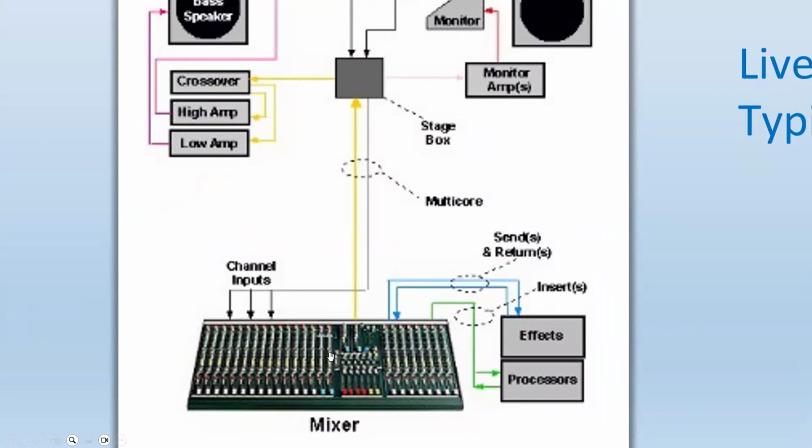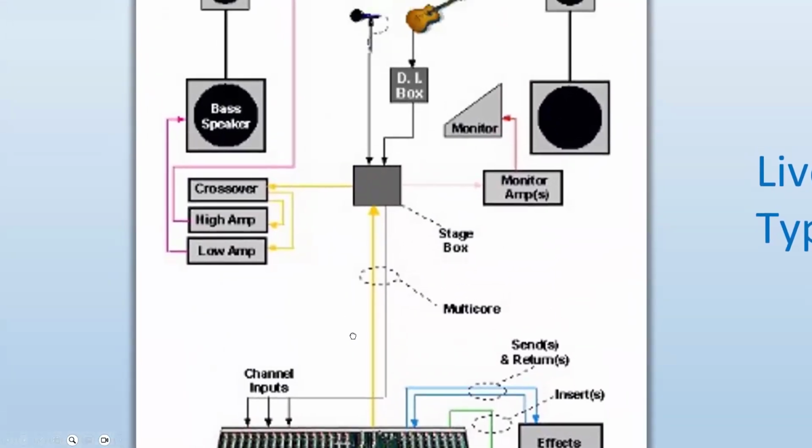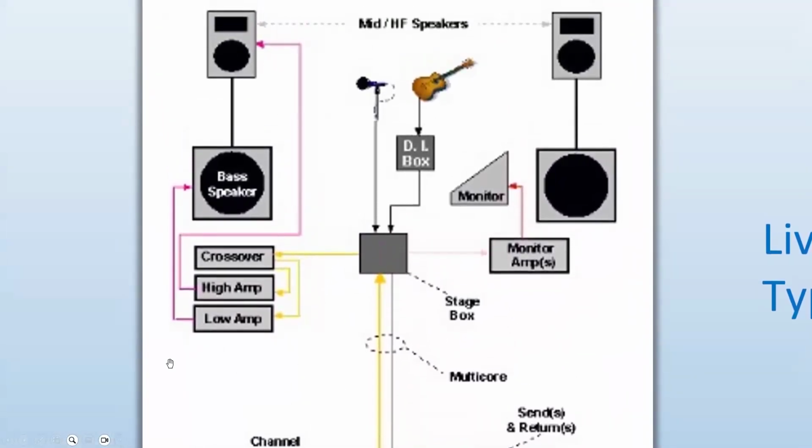Now, in order to get a good sound reference, the main mixing board that is mixing the sound for the front of the house is quite often almost at the sweet spot at the front of the house. Now, over here, we have the stage area.